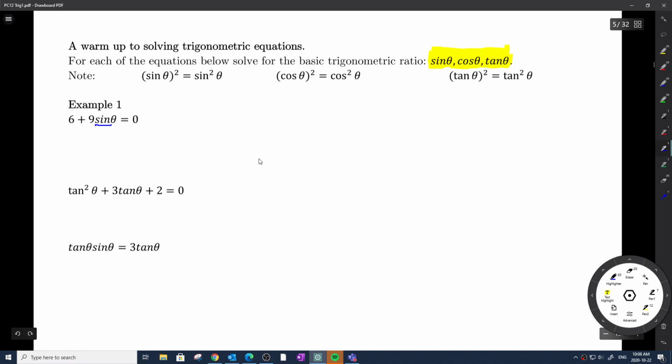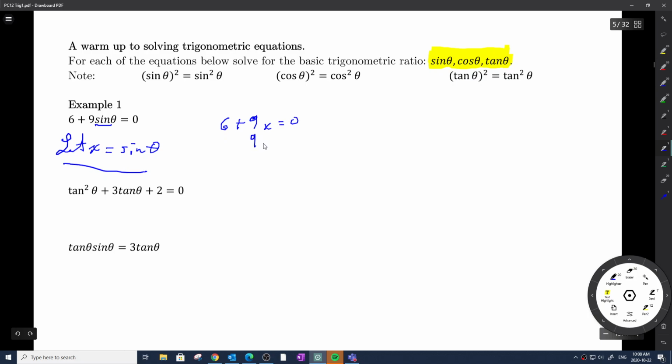Now, substitution is a really neat trick: when something seems complex or unfamiliar to you, you just make a substitution. So for instance, let x equal sine theta. Now, I need to write this, let x equal sine theta, and I can make a substitution. So 6 plus 9x is equal to 0. I know how to isolate x in this circumstance, and it's easy peasy.